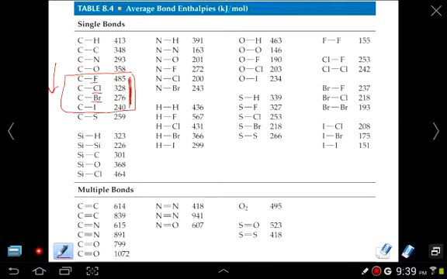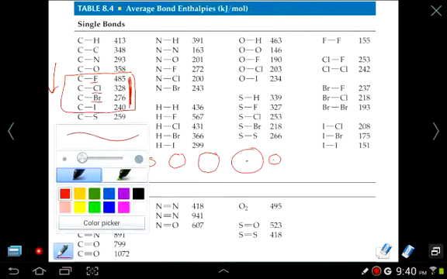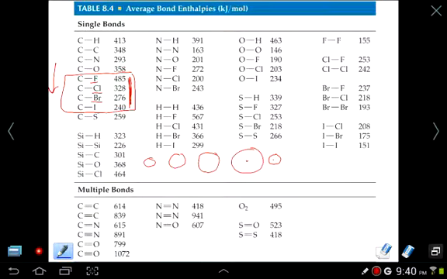The idea here is each one of these gets successively bigger. So the iodine atom is bigger than the bromine atom, which is bigger than the chlorine, which is bigger than the fluorine. When the carbon bonds with it, the carbon bond is now further between the two, and this creates a longer bond, therefore a weaker bond.